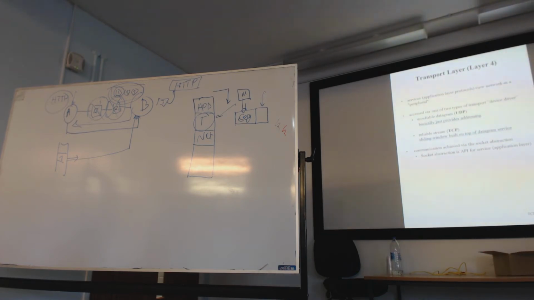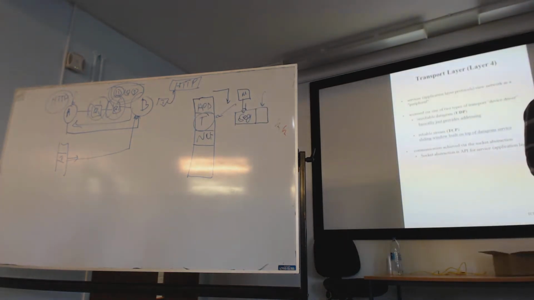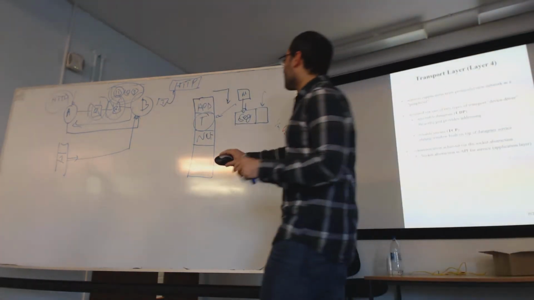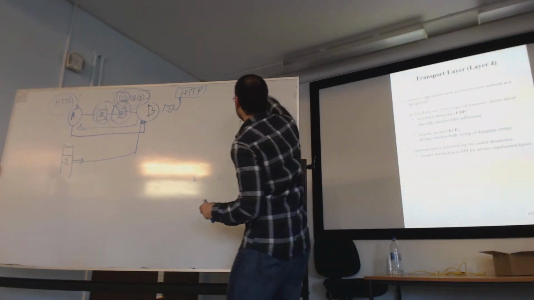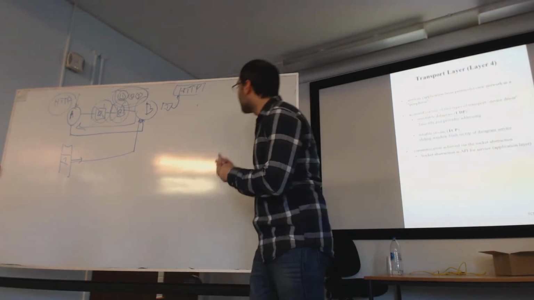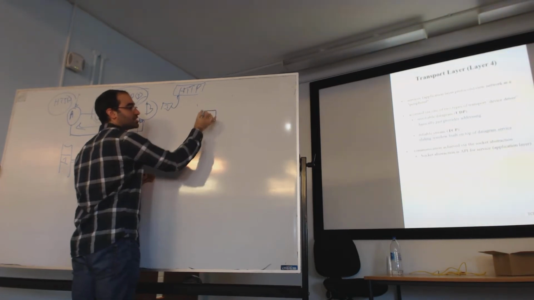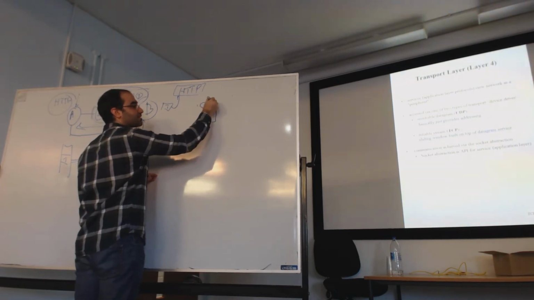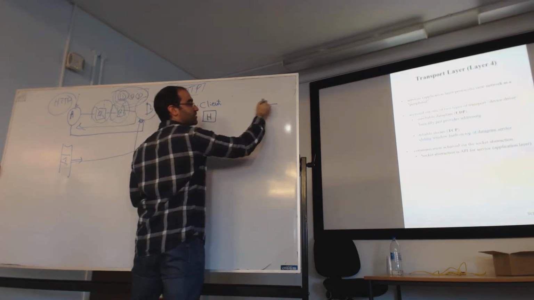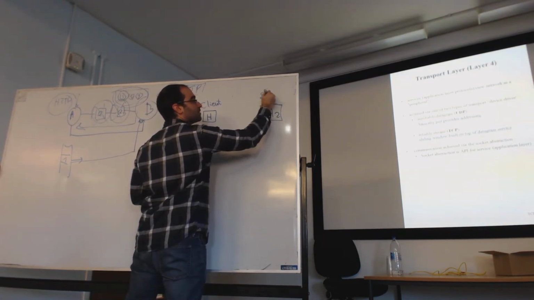Just to remind you, if I'm trying to send a process through an application, say this is a host as a client trying to communicate to a server, let's call it host 2.